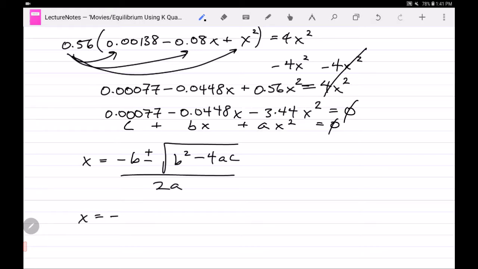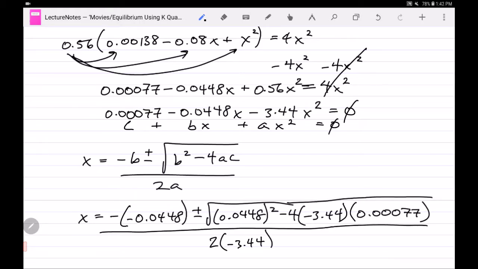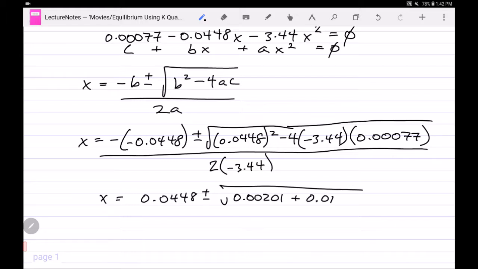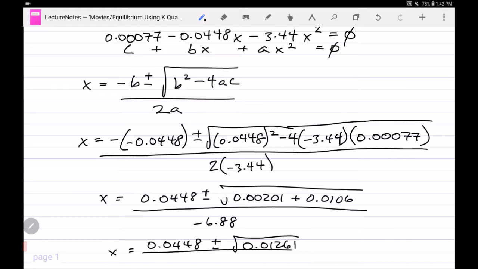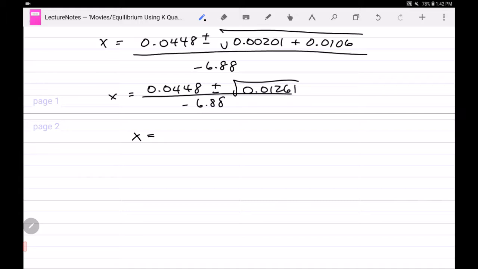So we're going to plug all of these numbers into the quadratic equation and solve down. Continuing to simplify, until we get to this point.